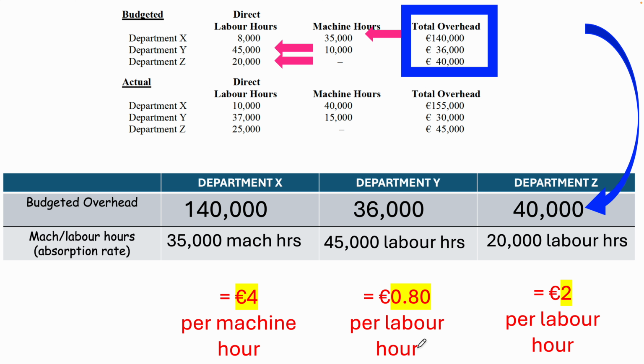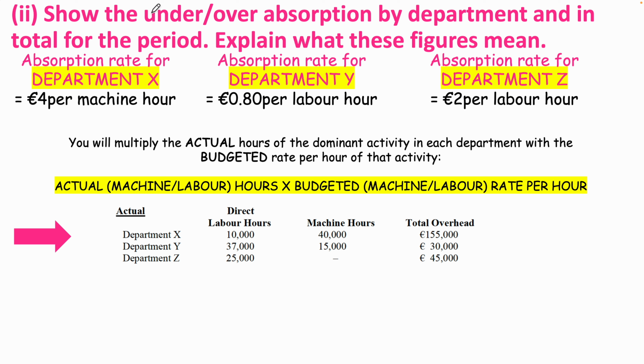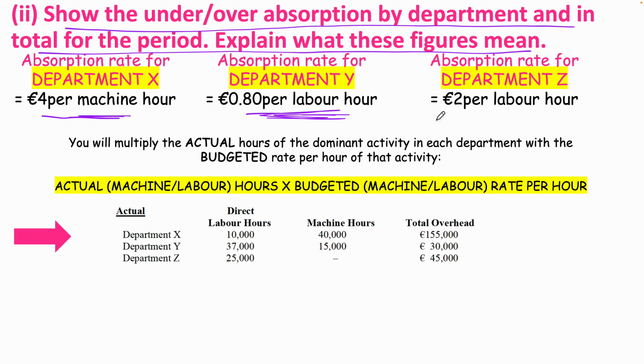Okay, now next you're asked to show the under or over absorption by department and in total for the period, and explain what these figures mean. So in this part of the question, you're going to take the management accountant's budgeted absorption rate, the amount that they thought, and multiply it by the actual hours in the most dominant activity.